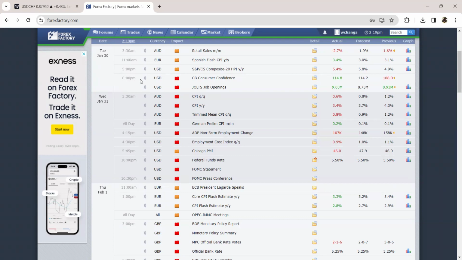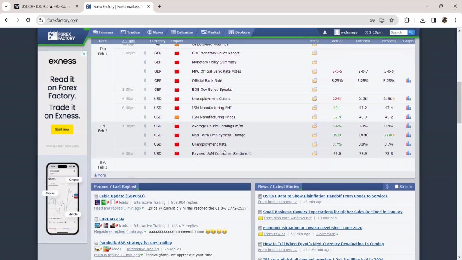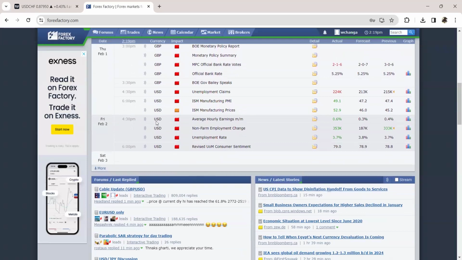Or even better, let me just try to find where everything was aligned. Okay, yeah, like this one, for instance. So that I make it easier for you to be able to tell what I'm talking about. So here, this was 4 p.m. Friday, February 2nd, 4 p.m. The news release was a high impact news.